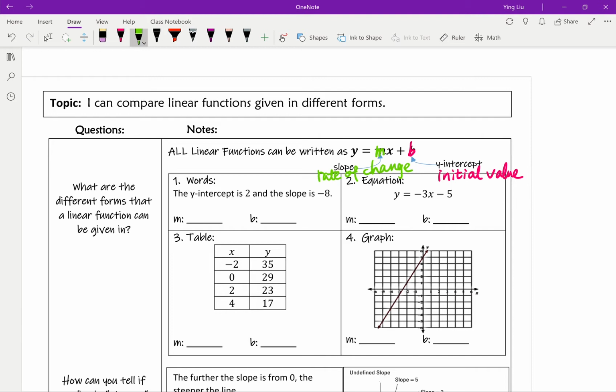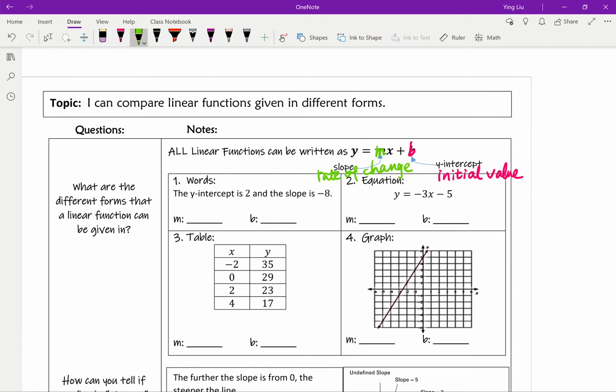So for example, the first one says, if the y-intercept is 2 and the slope is -8, well, that's a linear equation, and we can write it as y equals -8x plus 2.